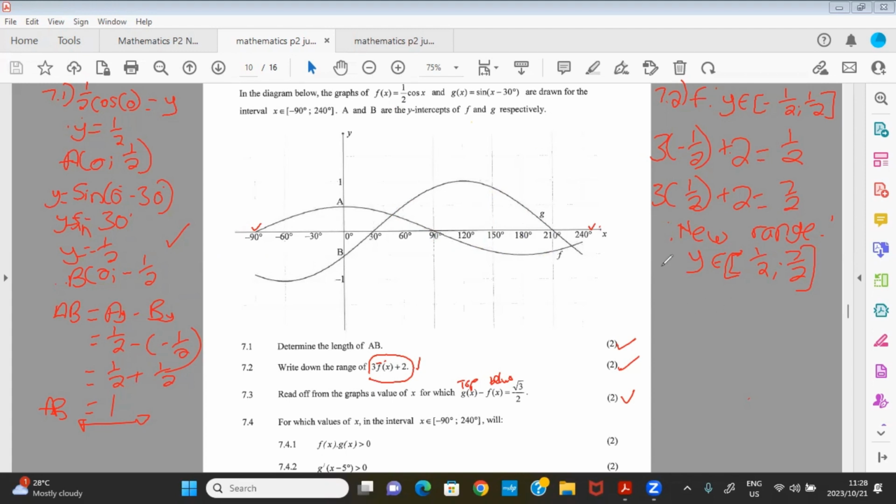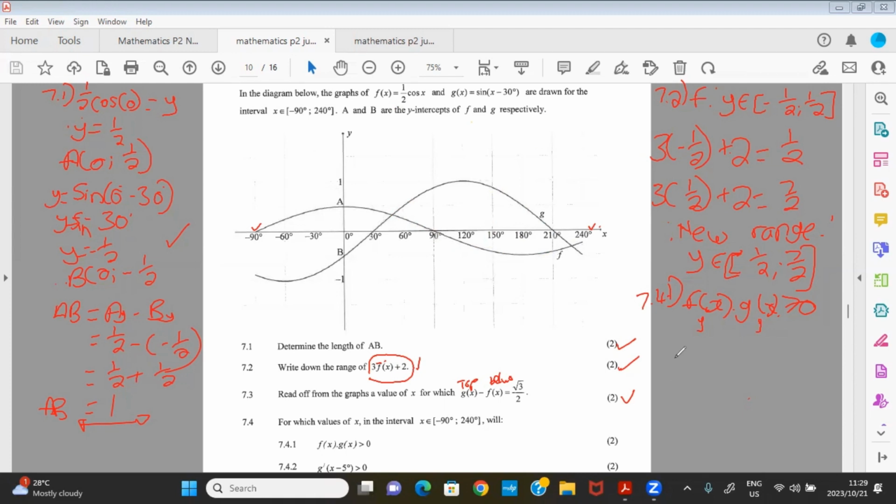Will f of x times g of x, you know, these are your favorite questions, guys. f of x times g of x must be what? Positive. So where will my positive y values of f multiplied by my positive y values of g be positive?